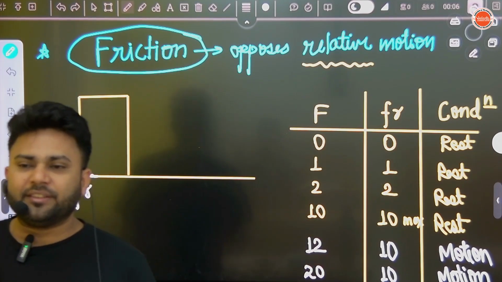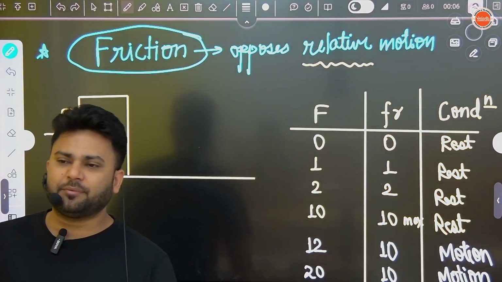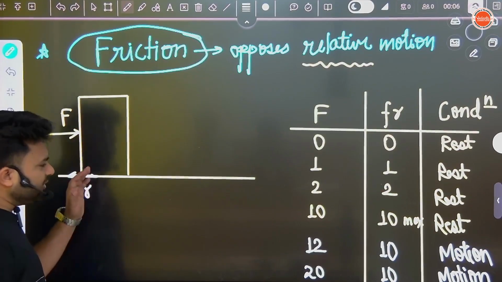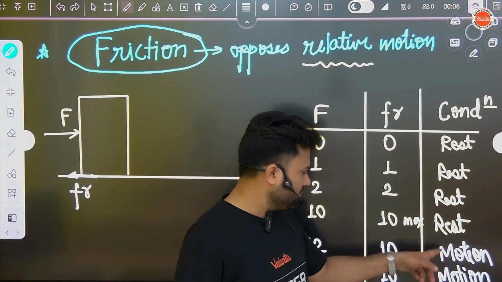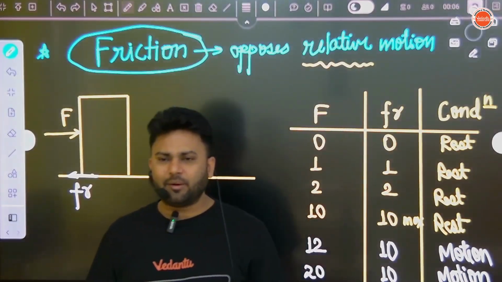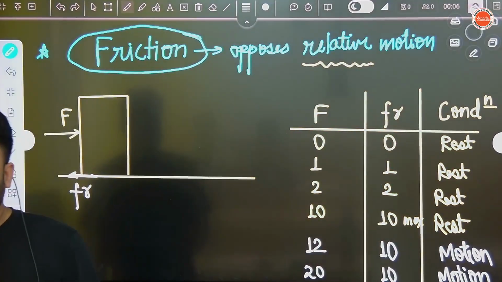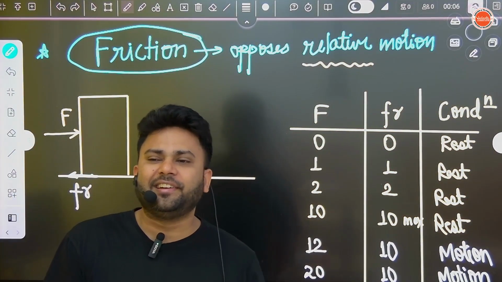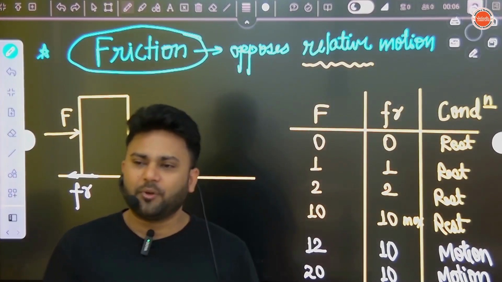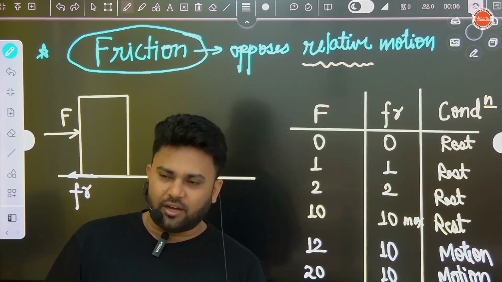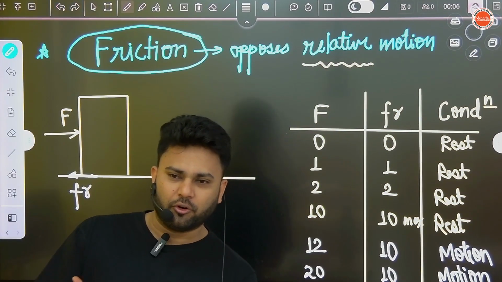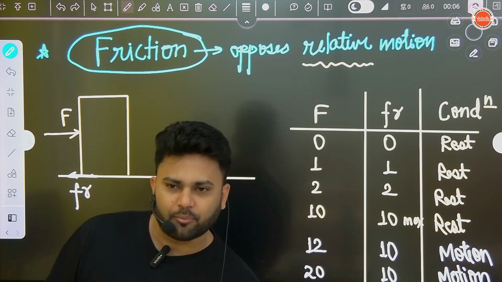But a very important point that has been seen: as the body moves, in the last two cases, you can think like this, friction gets a little bit demotivated, because it was trying to oppose me, saying don't move, like a small boy trying to oppose me.